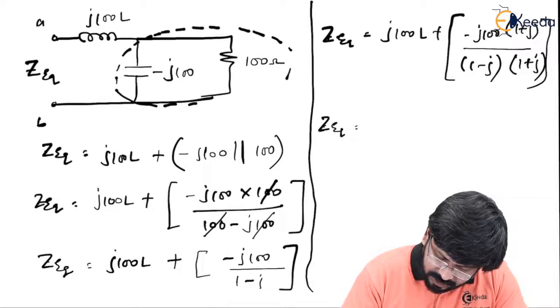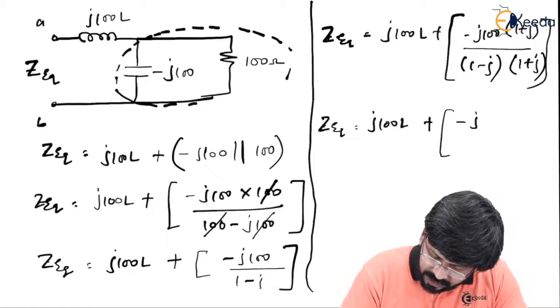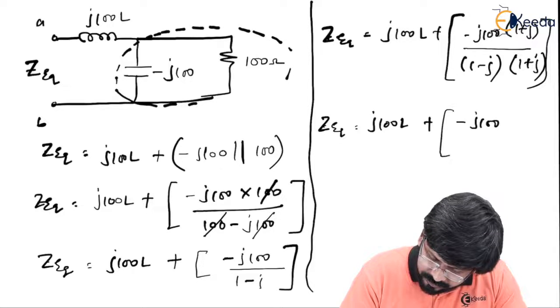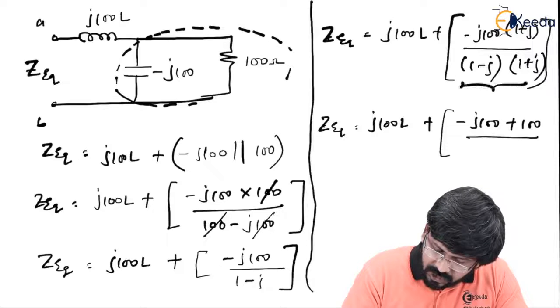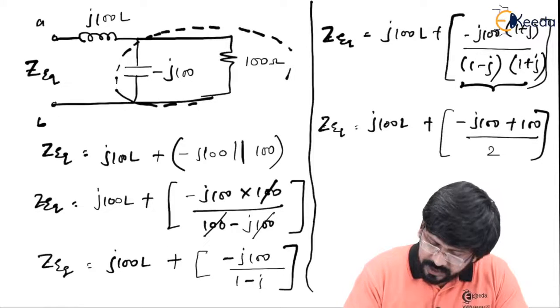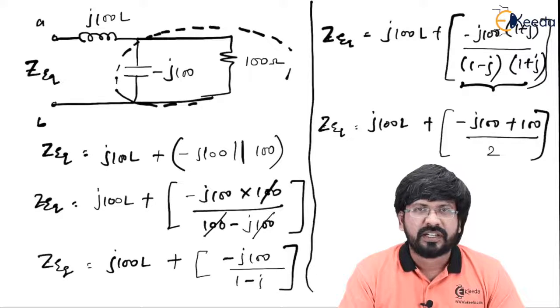Now Z equivalent becomes j100L plus, in the numerator it is minus j100 plus 100 whole divided by, now if you actually solve this, you will get this as 2, because a plus b into a minus b is a square minus b square.